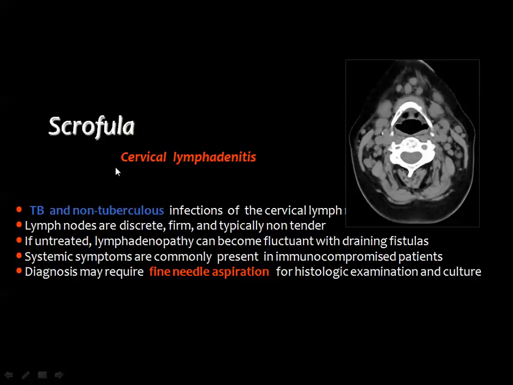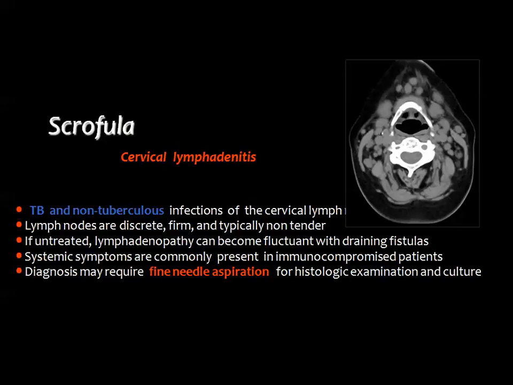And you see here multiple enlarged cervical lymph nodes in the submental area and around the submandibular salivary gland. This is the gland and this is the node. And deep to the sternomastoid muscle, the deep cervical lymph nodes.